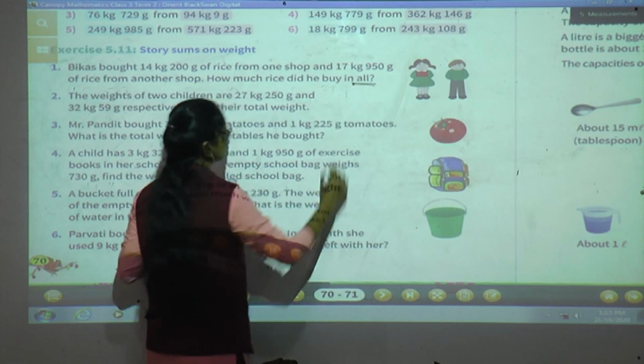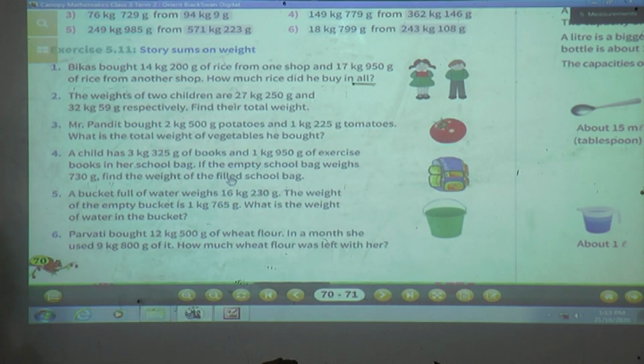See, the word in all means here we have to do the addition. Okay, see first what we will do, 14 kg 200 gram plus 17 kg 950 gram. So let us do the addition and then we will see how much rice did he buy in all.